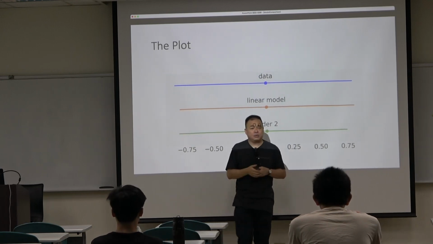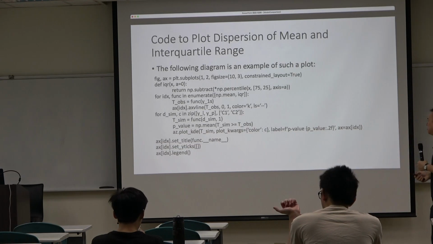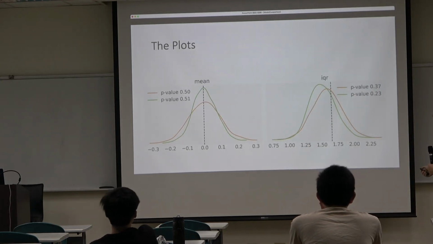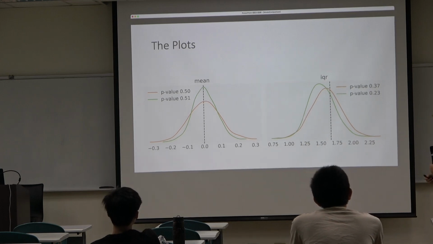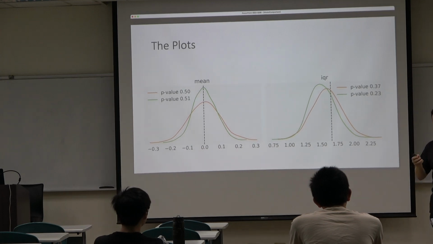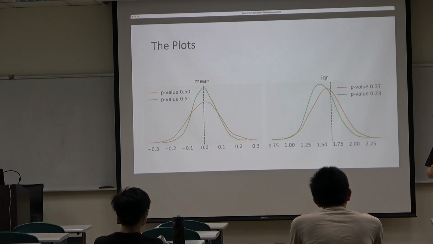That's the interquartile range, right? So we only have one value for the data points. But how about these two models? Because we can sample many times and draw the distribution of the interquartile range for each set of samples.